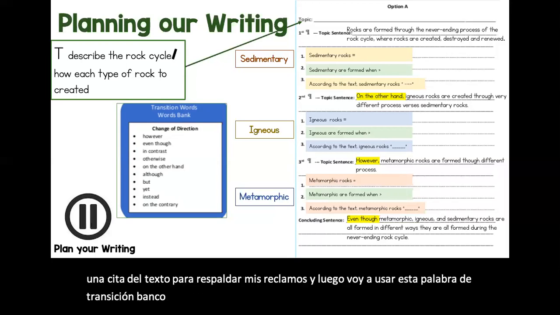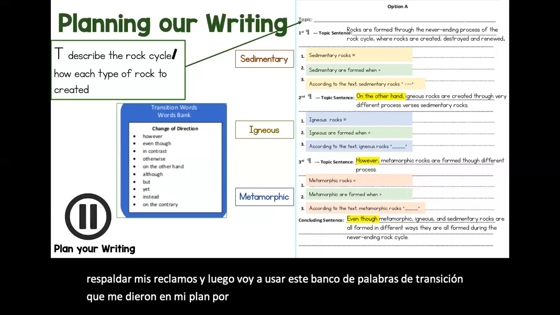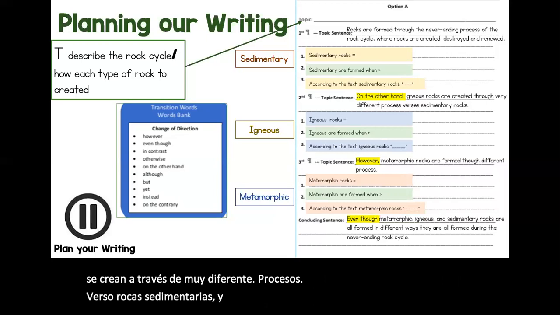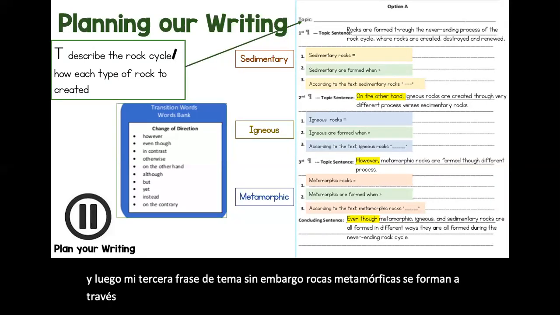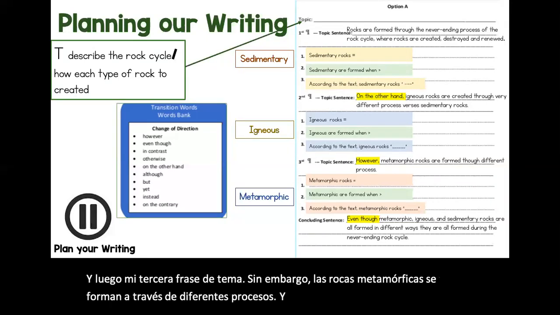On the other hand, igneous rocks are created through very different processes versus sedimentary rocks. And then I'm going to set up my igneous rock paragraph very similarly. And then my third topic sentence, however, metamorphic rocks are formed through different processes. And then I set up my metamorphic rock paragraph very similarly to the other two.